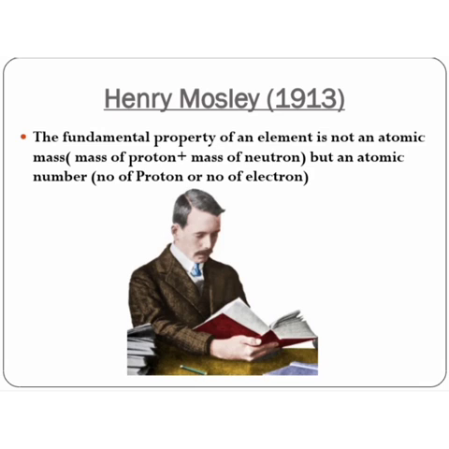According to him, the fundamental property of an element is not atomic mass but atomic number. According to Doebereiner, Newlands and Mendeleev, the arrangement of elements was based on increasing atomic mass, but Henry says it is not the atomic mass, it is the atomic number.